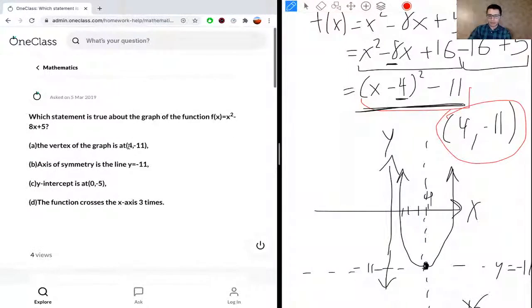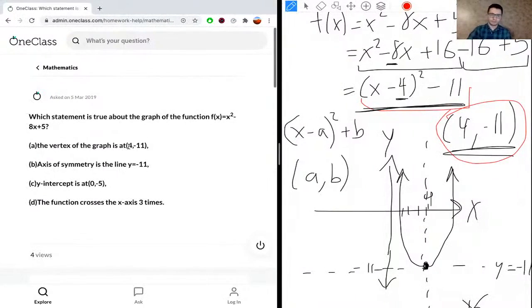So x minus a squared plus b, where a, b are the coordinates of the vertex. And this is what we get over here, 4, negative 11.